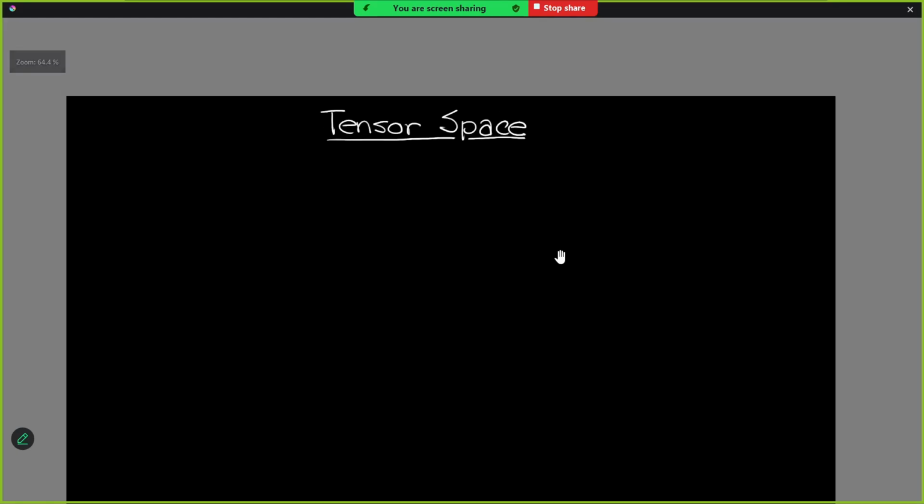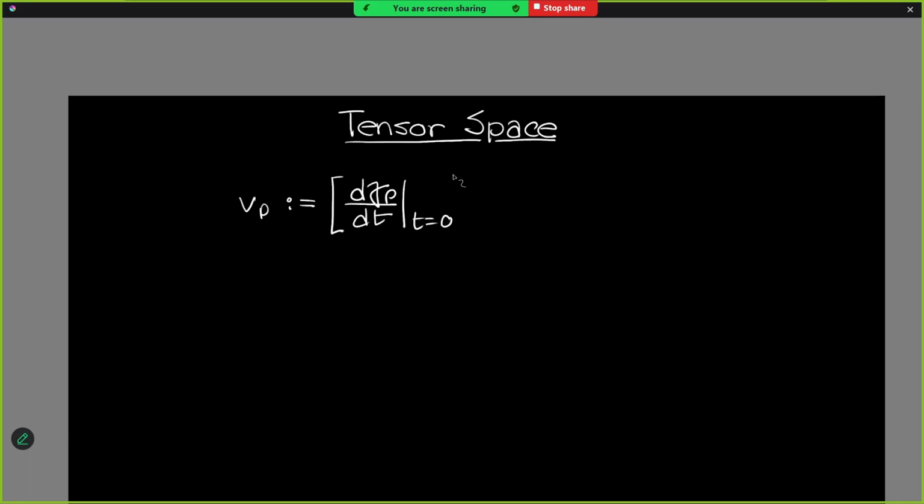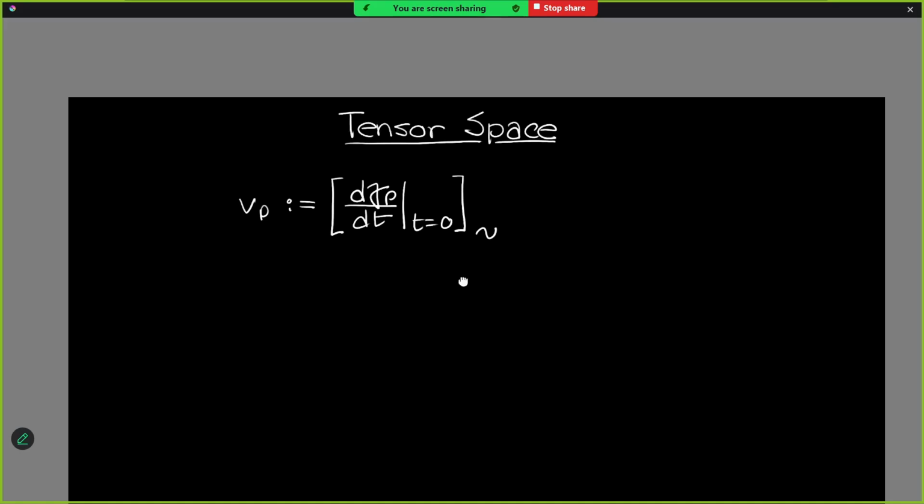We said that okay, v_p is this d gamma_p/dt at t equals 0, or a representative of that. This is not standard notation, just trying to get an idea across.